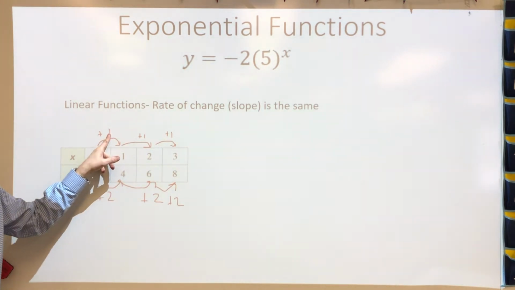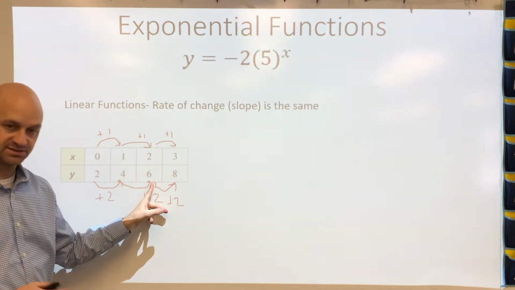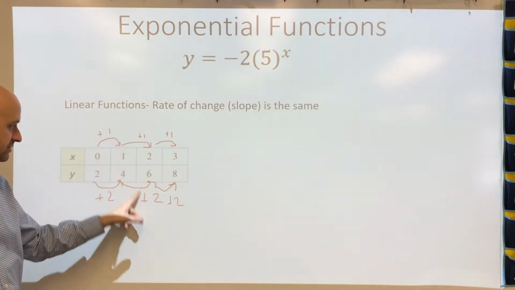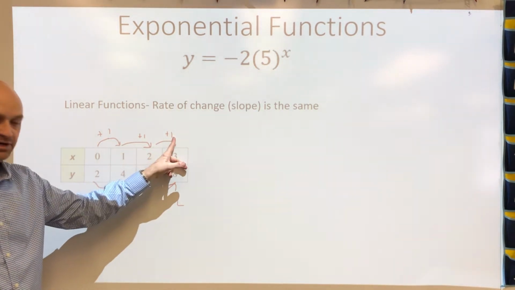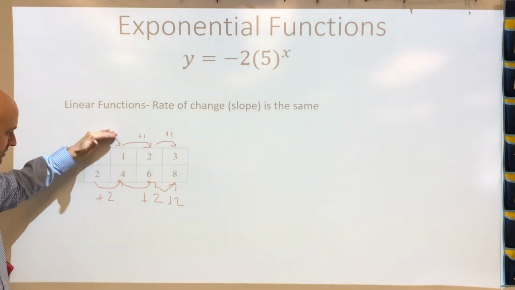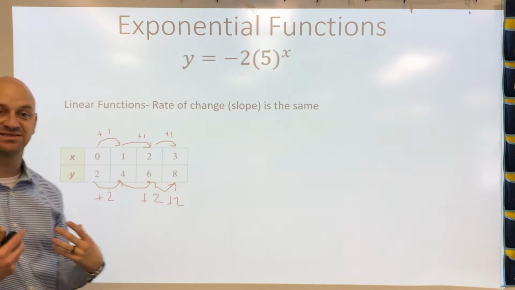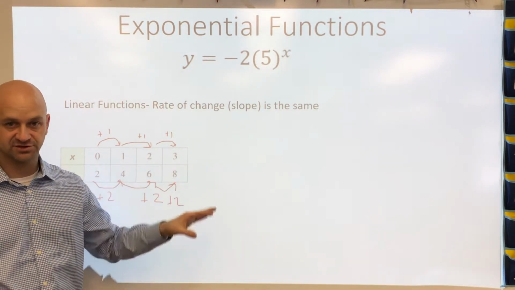So 2 divided by 1 is a slope of 2. We go from 4 to 6, that's a change of 2, and the x value changes by 1. So 2 divided by 1 is 2. And then we continue the pattern here. Because the ratio of the changes of y's to the changes of x's is the same, in this case 2, this is an example of a linear function.